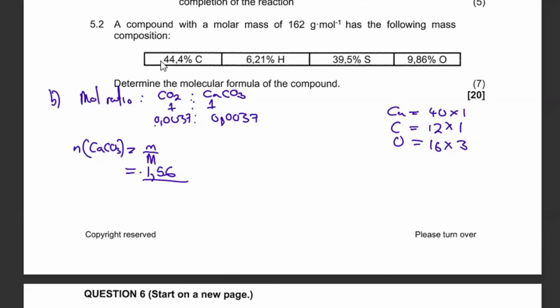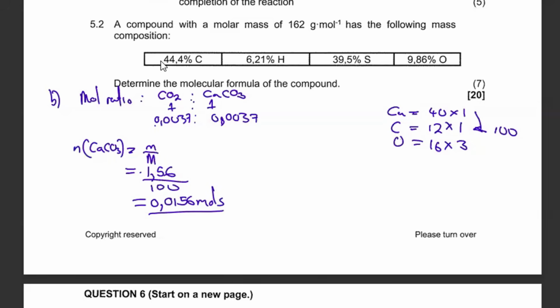If we add all this, we get 100. So 1.56 divided by 100 gives an answer of 0.0156 moles. These are the number of moles that we have there.